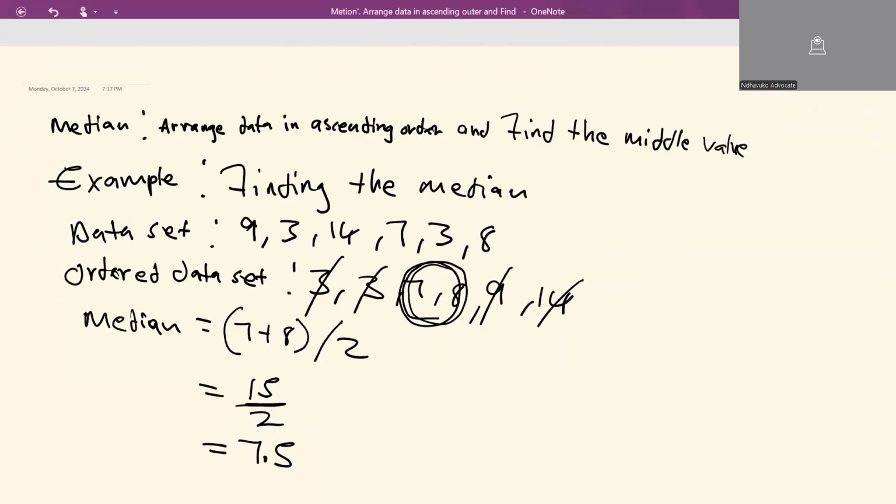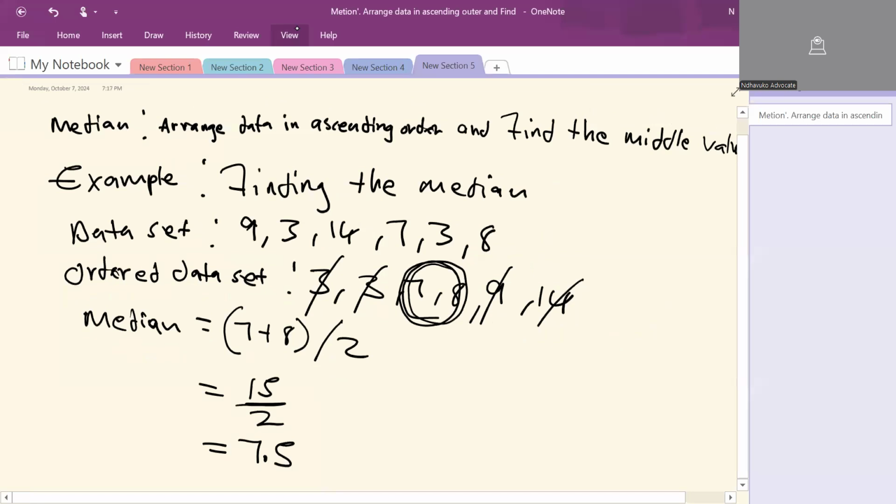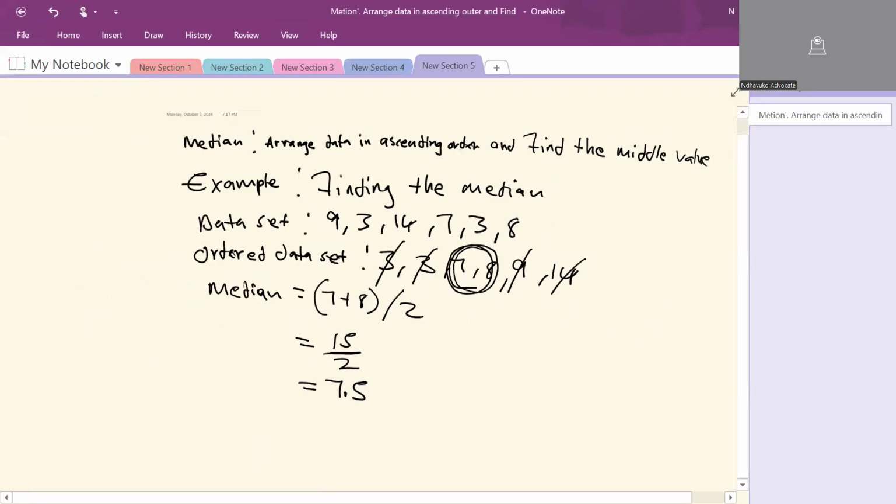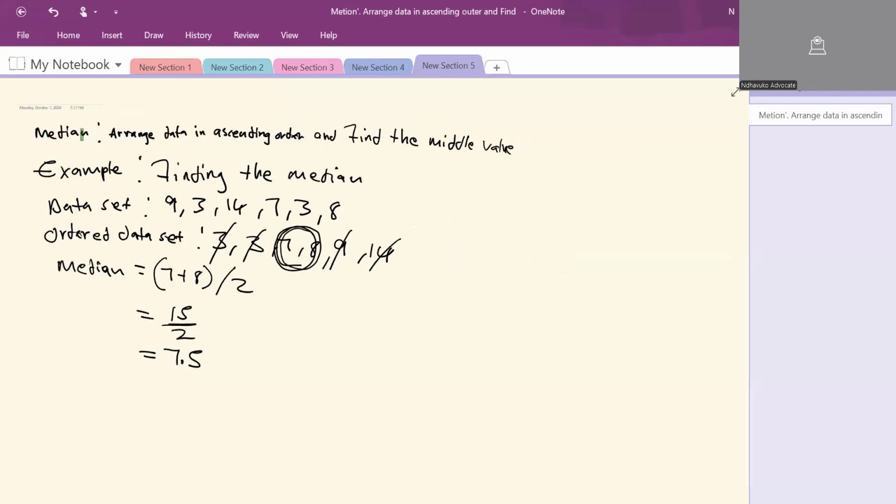Let me explain to someone before we get to the mode. The mode is very simple, but let me explain since there were some mistakes made. The median is the middle of the data set in ascending order. So when you want to find the median, arrange data in ascending order and find the middle value.